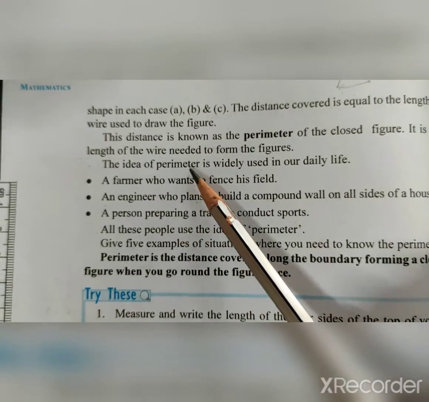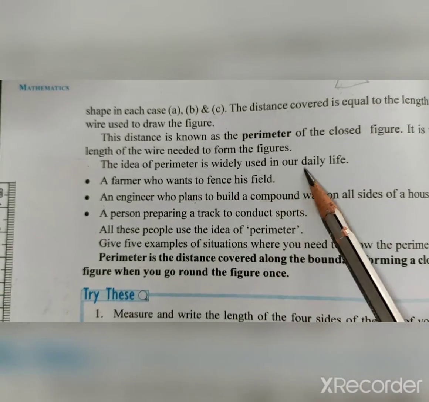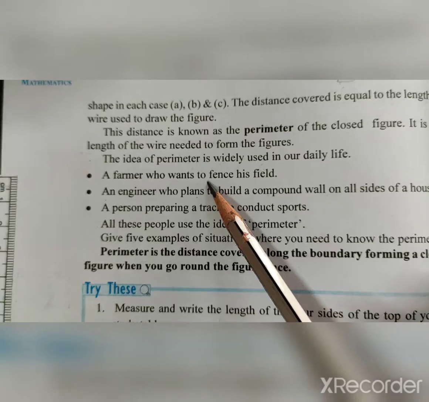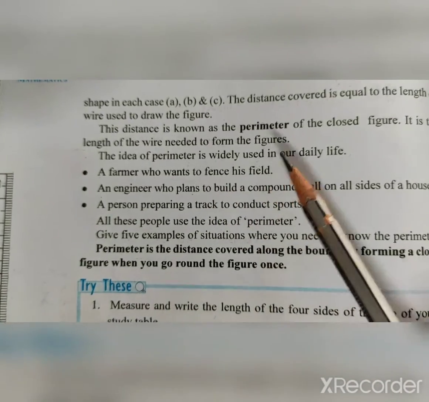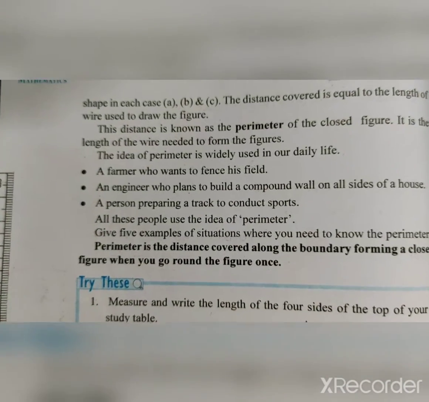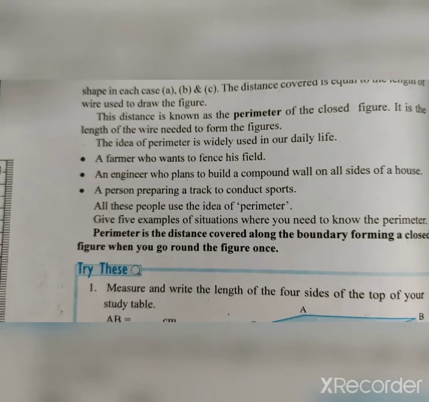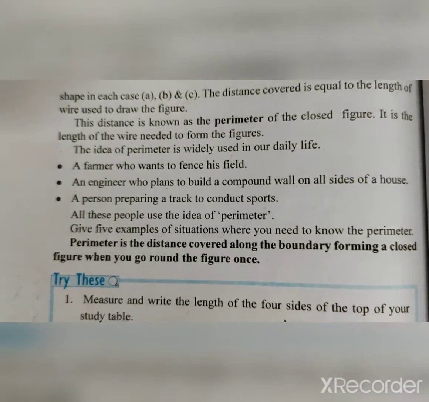The idea of perimeter is widely used in our daily life. A farmer who wants to fence his field, farmers put wire on their borders, they fence it so that no animal eats their crop.